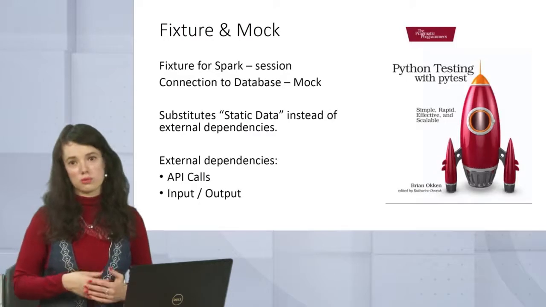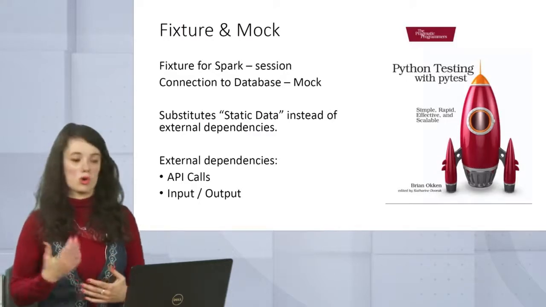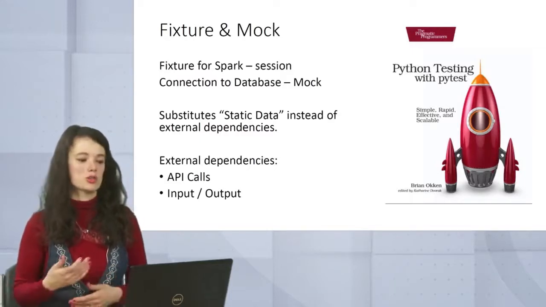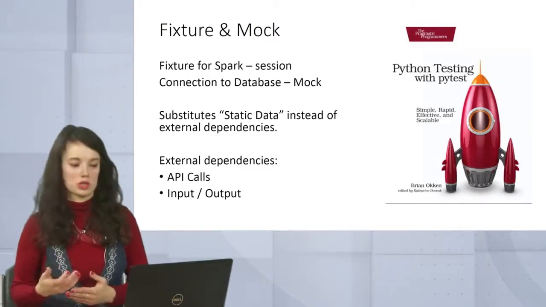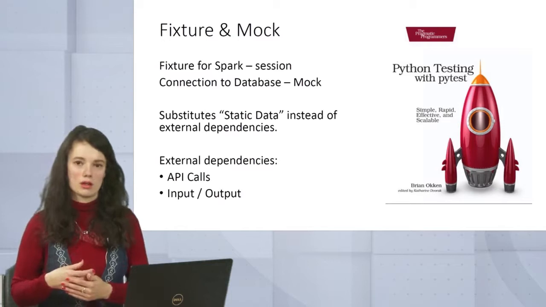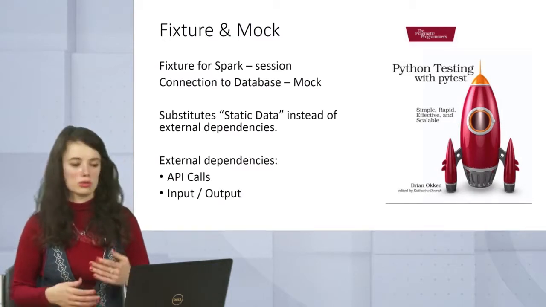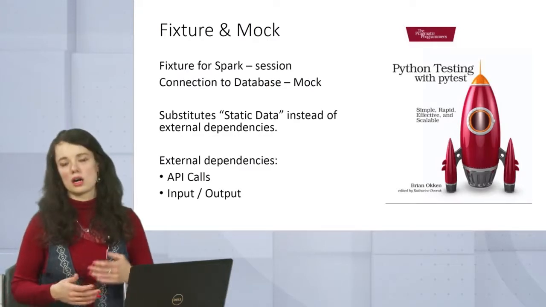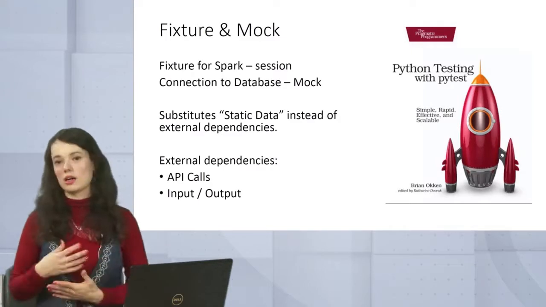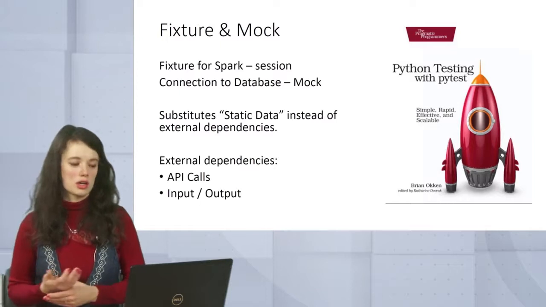There are a lot of more cool things in PyTest, for example, mocks. You can mock a database connection, and fixtures are the thing you're using, for example, for a Spark session. These things substitute your connection or session or any other data with some static data, and it helps you to test your function in isolation.